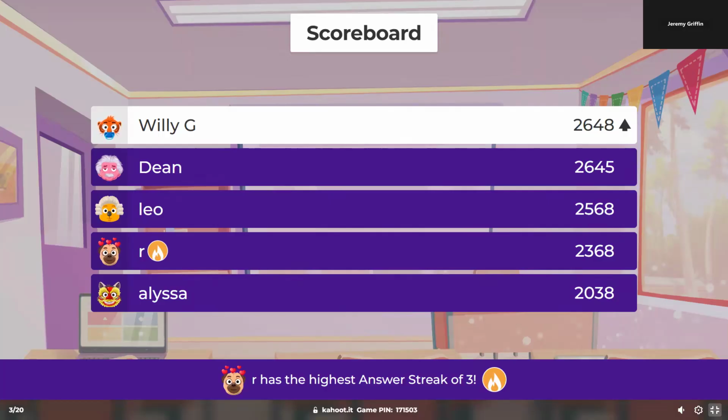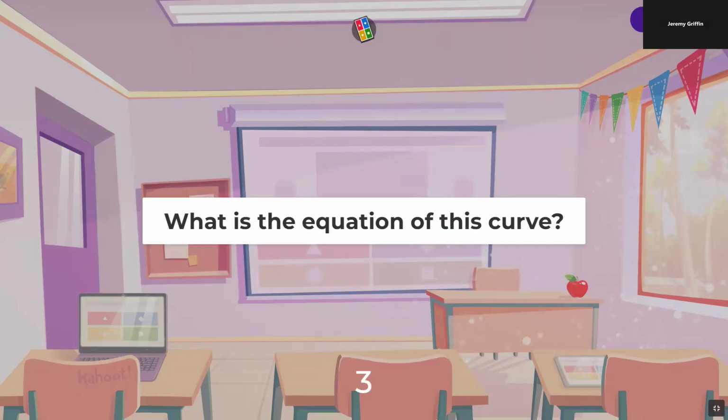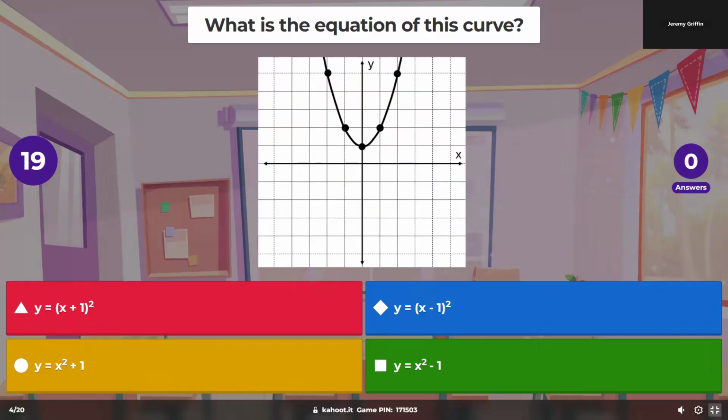Okay. All right, got Alyssa, R on fire. Leo, Dean, Willie D. What's the equation of this curve? Here, guys, the pin's right here. You shift up 1.